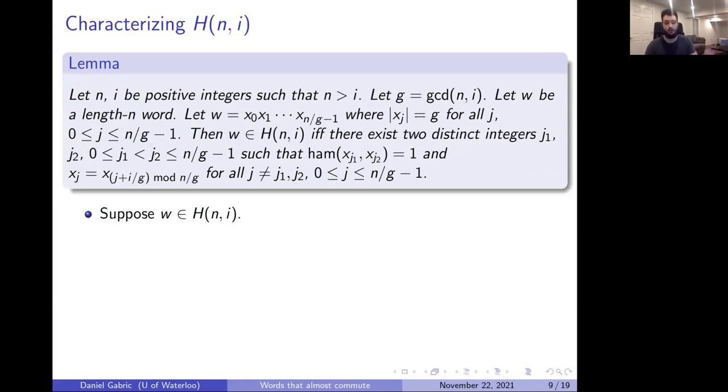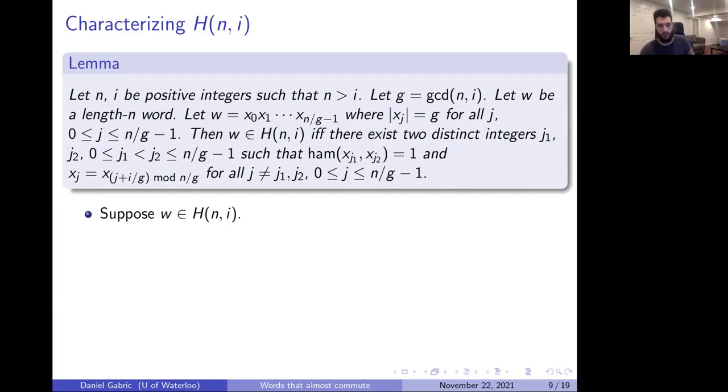Then w is in H n i if and only if there exist two distinct integers, j1 and j2, such that the Hamming distance between xj1 and xj2 is 1, and xj is equal to x of (j + i/g) mod (n/g) for all meaningful j not equal to j1 or j2.